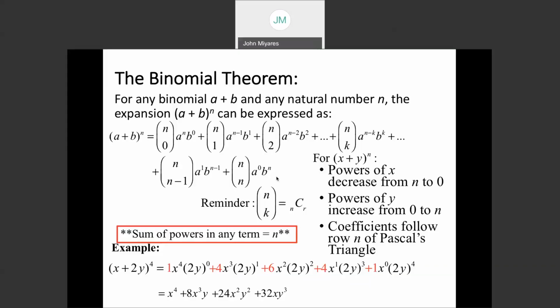Next, we've got 4x times 2y all cubed. The coefficients become 4 times 8, which is 32, and the variables are going to be x to the first and y to the third. In the last term, the 1 and the x to the 0 fall out, and you're left with 2y all raised to the fourth power, which will give you 16y to the fourth.